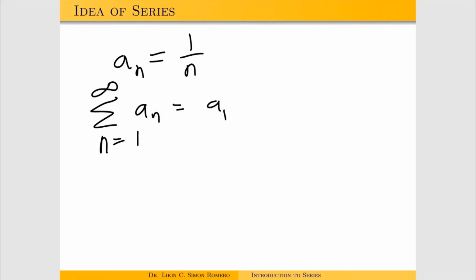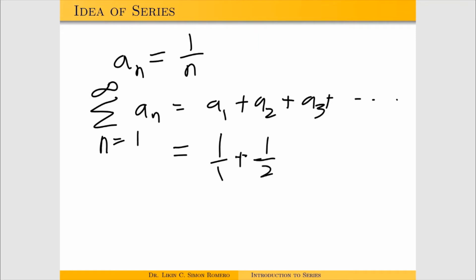Really, this is like a1 plus a2 plus a3, and so on. And looking at what these numbers are, this is 1 over 1 plus 1 over 2 plus 1 over 3, 1 over 4, and so on. So the way you want to think about this is basically as an infinite sum.